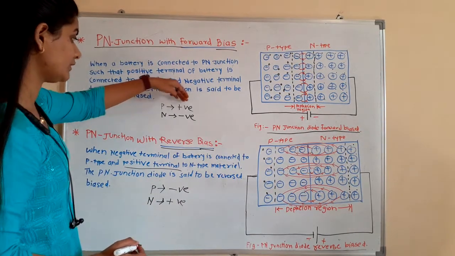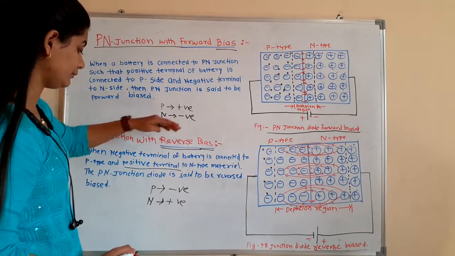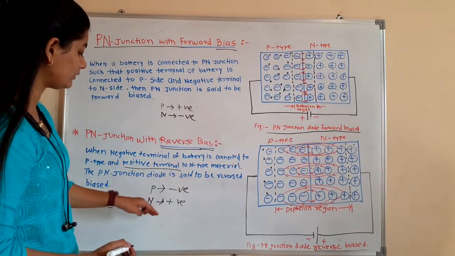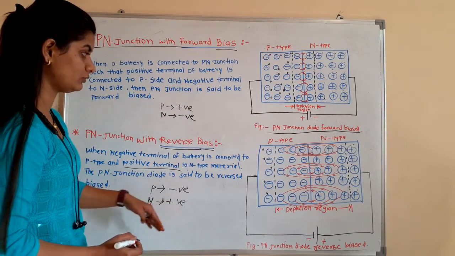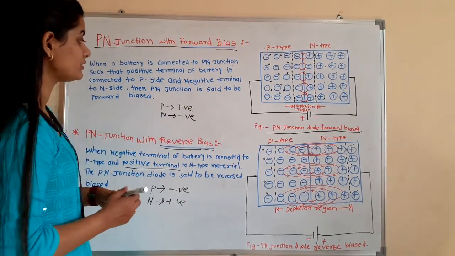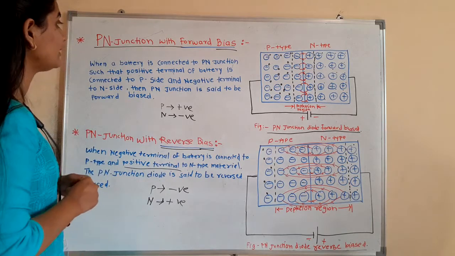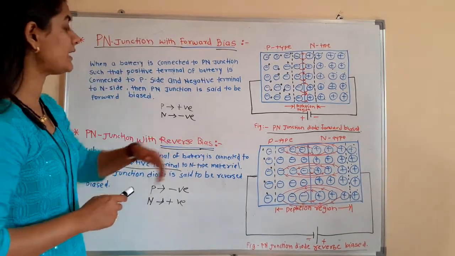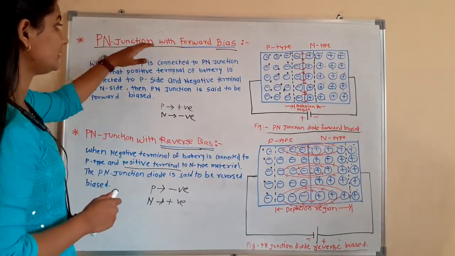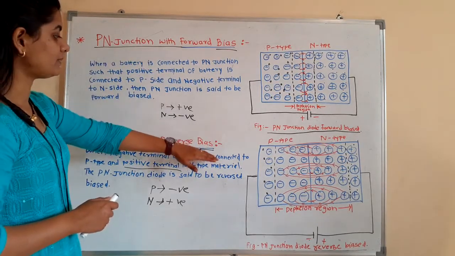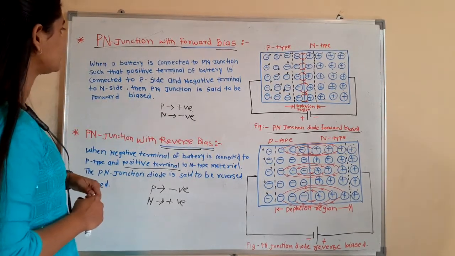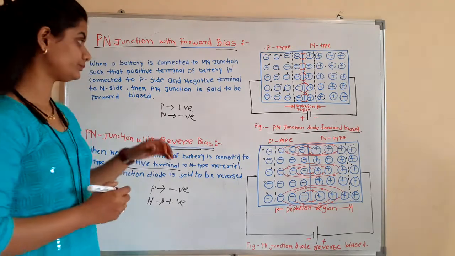P type पॉजिटिव को कनेक्ट हो रहा है, N टाइप नेगेटिव को; P टाइप नेगेटिव को कनेक्ट हो रहा है, N टाइप पॉजिटिव को. So this is the difference between the forward bias and reverse bias. So you can see the difference and you can study from this reverse bias and forward bias PN junction diode.